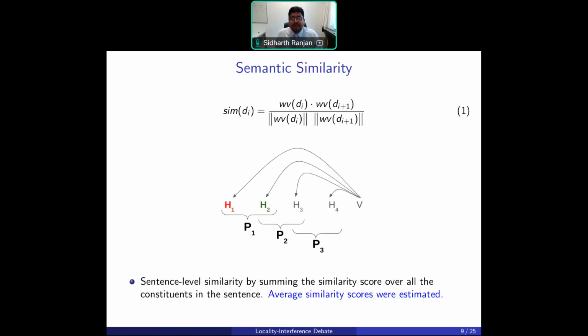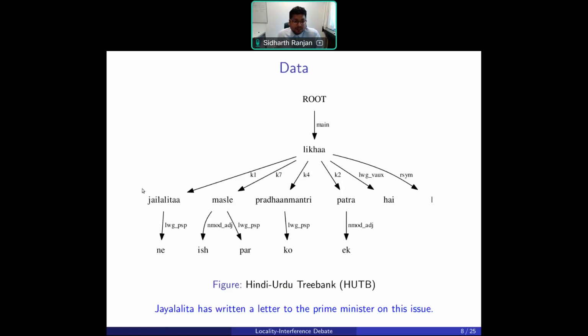We compute a semantic similarity metric. All these words which are preverbal dependents will be retrieved at the integration site, which is the main verb. Therefore we compute semantic similarity between each pair of preverbal dependents.